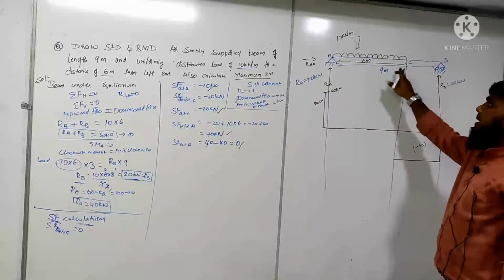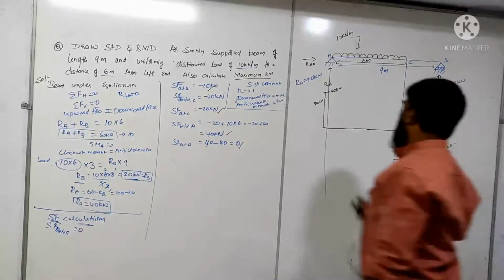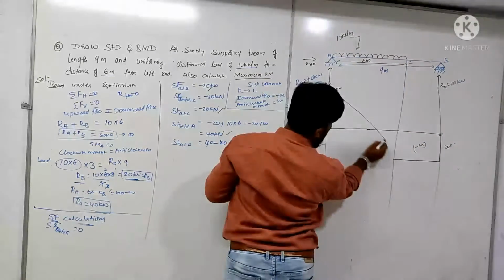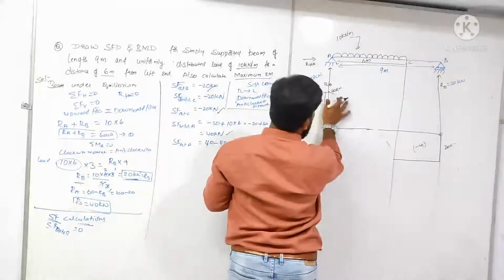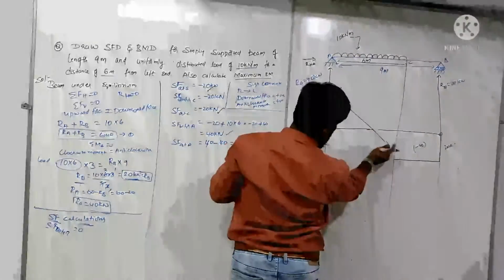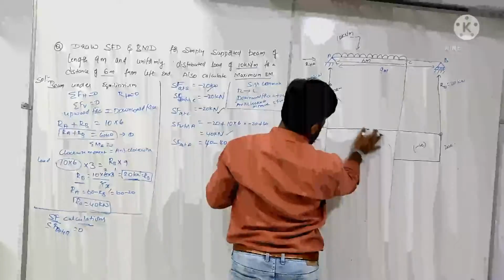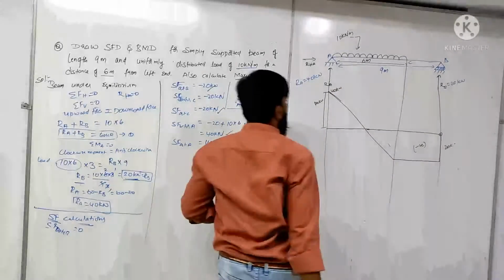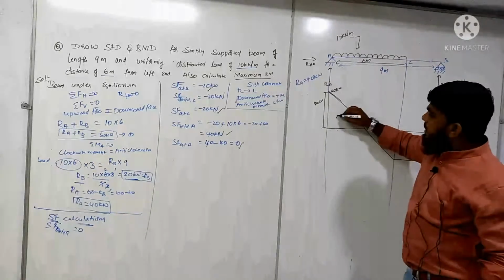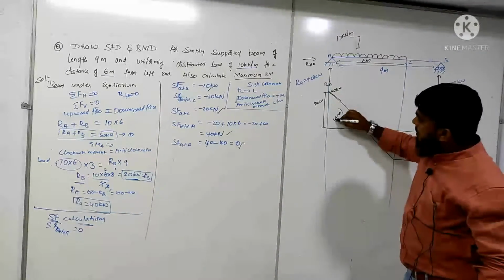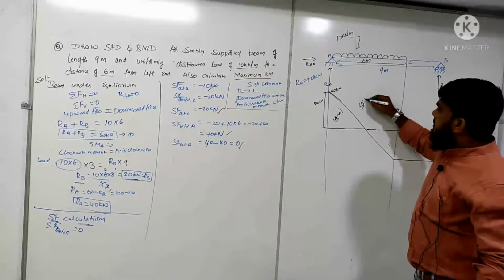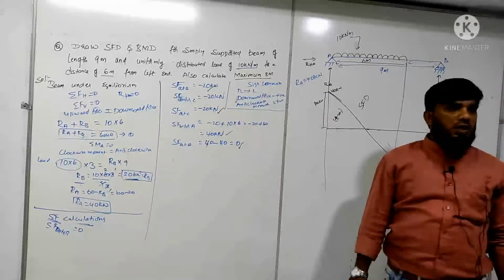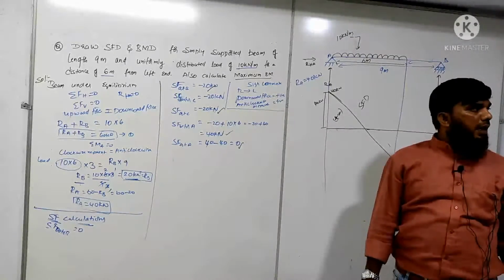So the load has been continuously varying, and the shear force diagram will be joined by using an inclined line. You should be very careful while drawing this line. This is the positive direction of your curve. So this is your SFD, your shear force diagram.